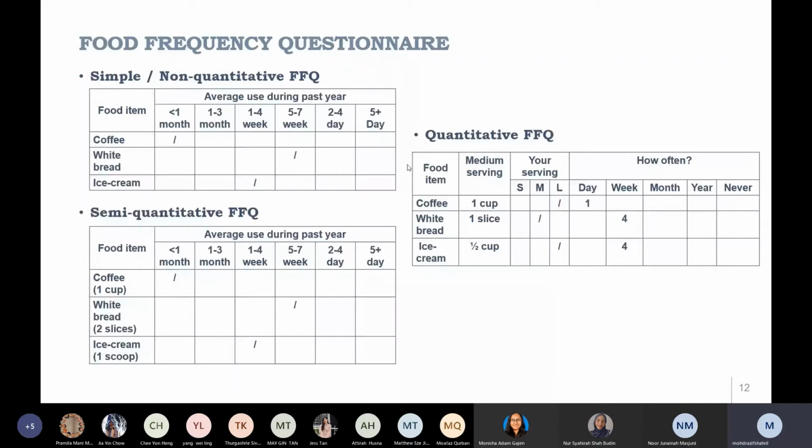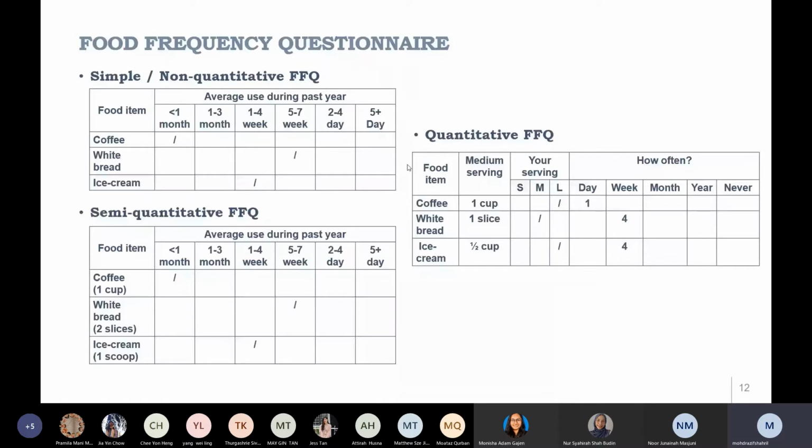The second type is semi-quantitative FFQ. This is where we are able to quantify, but not that accurately, because we are still using methods where we just tick the frequency, but the additional part is that for each food item there is a serving size. For example, coffee, 1 cup, less than once a month.